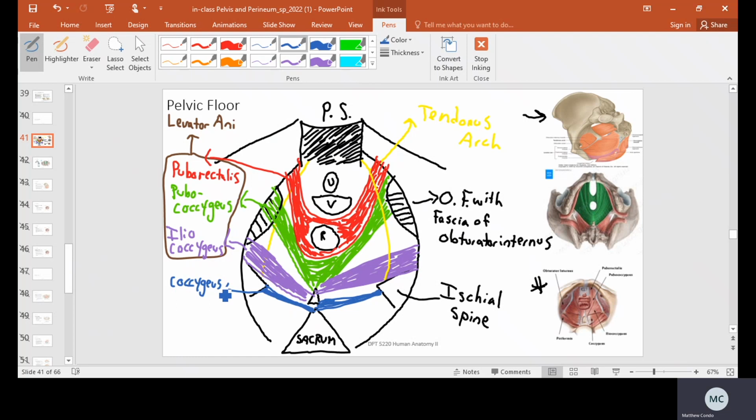Now, when I mentioned Pubo Rectalis, Pubo Coccygeus, Ilio Coccygeus, and Coccygeus, all four of those together is what's going to be my pelvic diaphragm. Okay, so I want to make sure we really understand that.